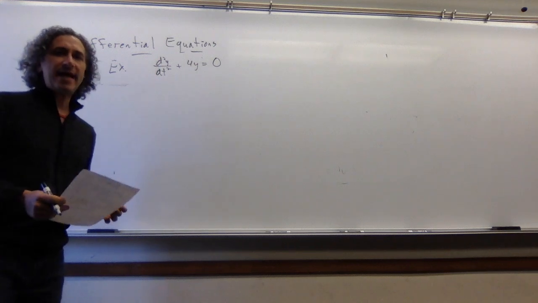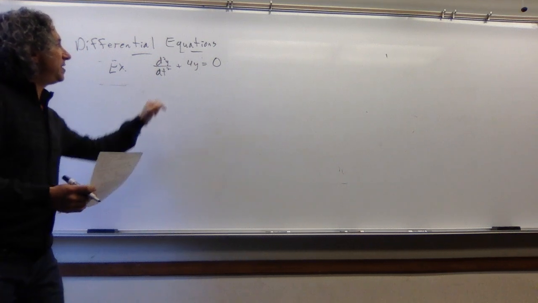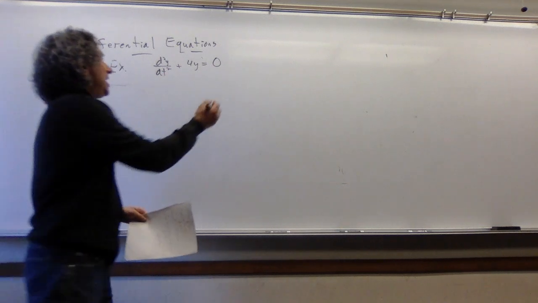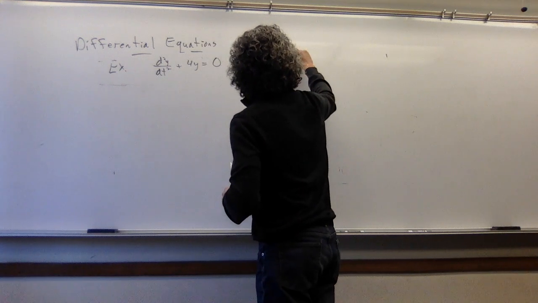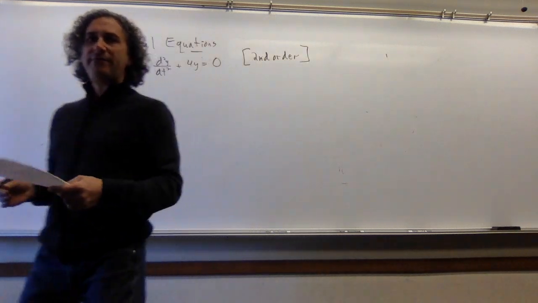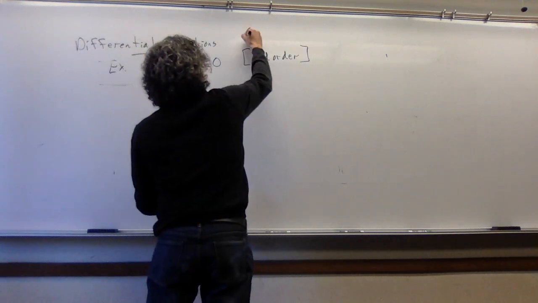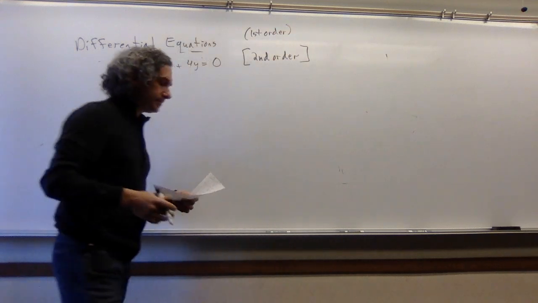If you're taking a physics class, you might see that type of notation, Leibniz notation for the second derivative, plus 4y equals 0. So that's the differential equation, and this is called a second order differential equation. It just means that you have a second derivative lurking about. The previous one was, you guessed it, a first order differential equation.